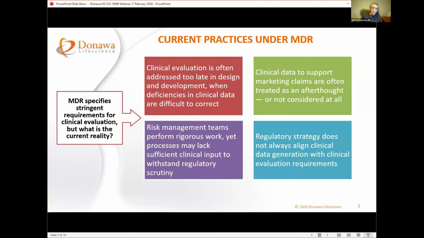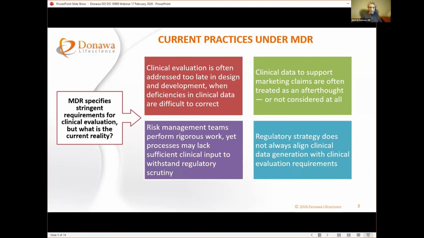And Europe, as most people know, has very, very strict requirements for clinical evaluation. So yes, the MDR specifies very stringent requirements. What's really happening? And again, Danielle made a point about this.